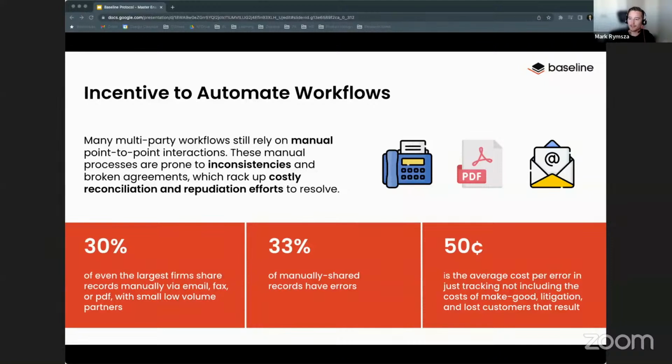So a big effort that a lot of companies are going through right now is automating these workflows. The question then is, if we have all of this data that exists in manual point-to-point interactions, we've got to make it digital, or more palatable digitally, to automate those processes.